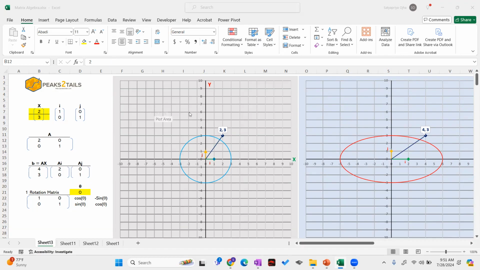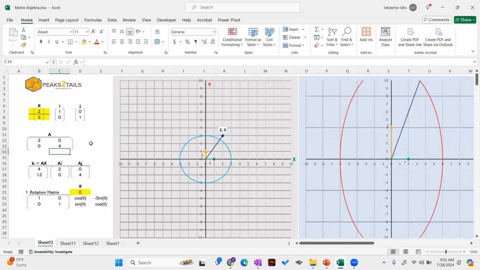Okay, sorry about that. So if I change this, it leads to stretching along the x direction. If I change this, it leads to stretching along the y direction, maybe a bit too much.